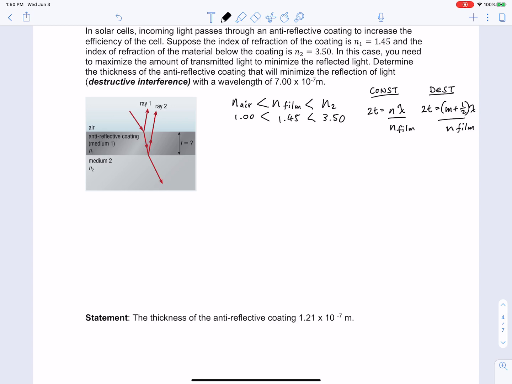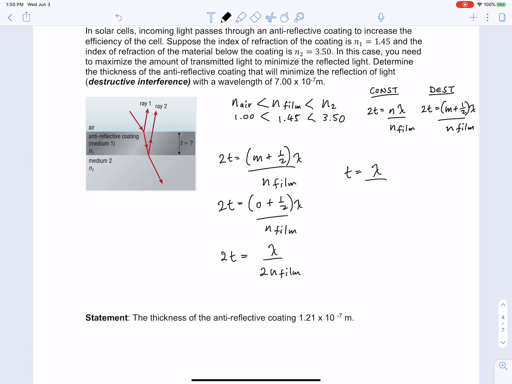For destructive interference, we know that it's m plus 1/2 lambda over n film. Putting in 0 for m, we get 2t equals 1/2 lambda over n film. Simplifying, we get lambda over 2 n film is equal to 2t, and t is equal to lambda over 4 n film.